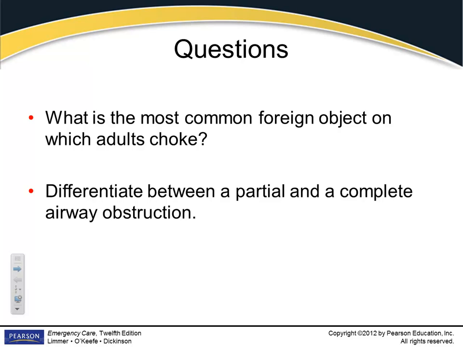They are moving some air. What about a sound? They make some kind of noise. What's the sound I told you a few minutes ago? It's an upper airway sound. Stridor, that's good. Stridor usually will indicate an upper airway blockage of some sort, usually swelling, but it's a partial blockage. Stridor must have air moving through the vocal cords, moving through the airway in order to produce that sound. So that's going to indicate a partial airway obstruction.